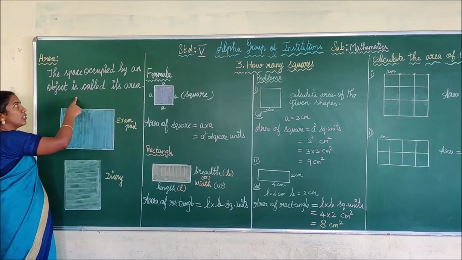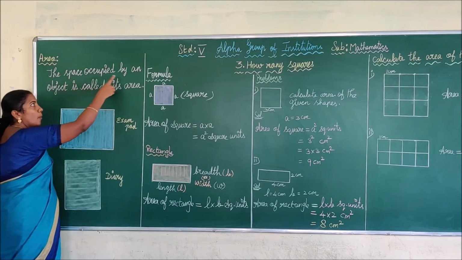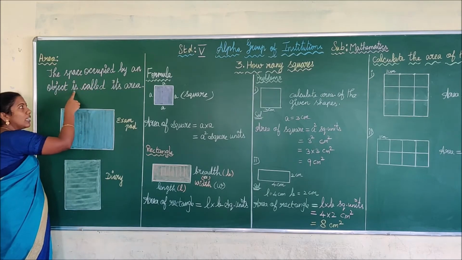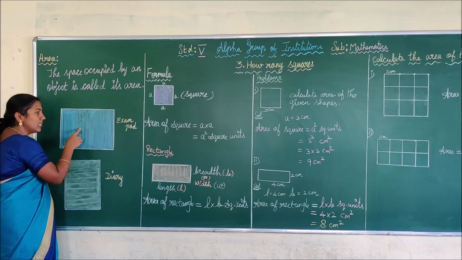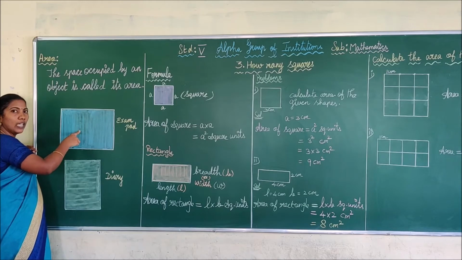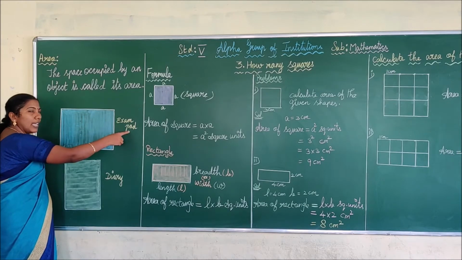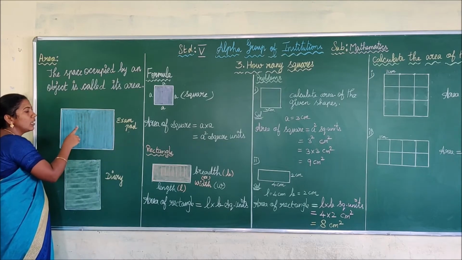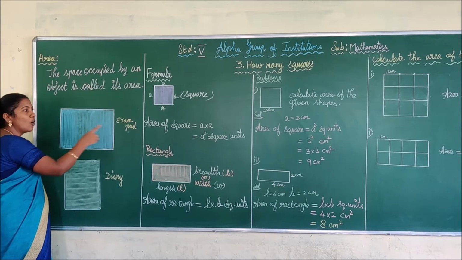Now you read the definition. The space occupied by an object is called its area. The shaded space is the area covered by the exam pad. So we call this shaded portion the area of the exam pad.